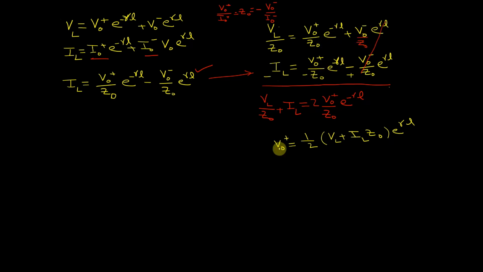So I am writing it directly. You will get the value of V naught minus by subtracting this equation from that equation. V naught minus is equal to 1 by 2 VL minus IL Z naught e raised power minus gamma L. In place of the plus sign, it is converted to minus because subtraction was performed.